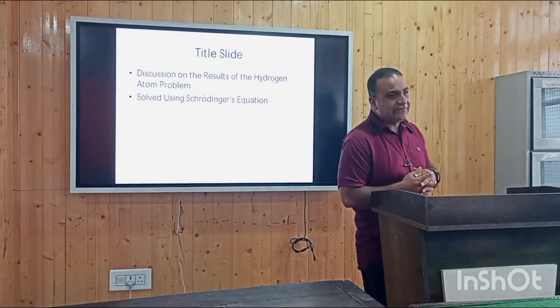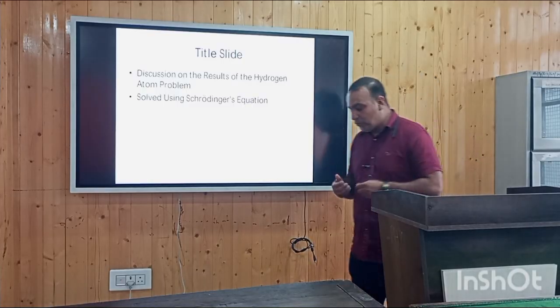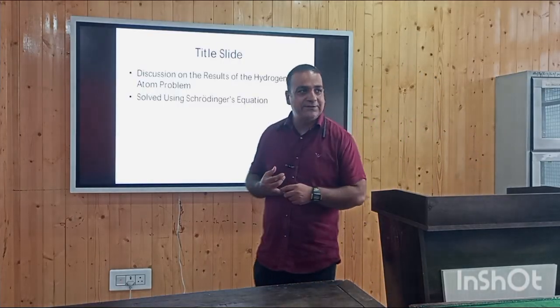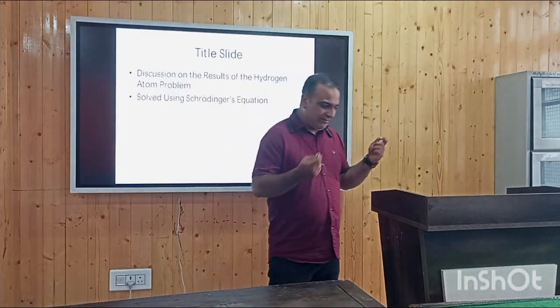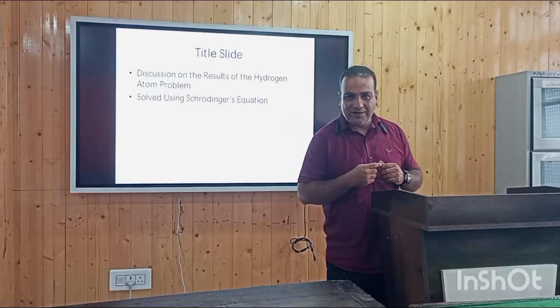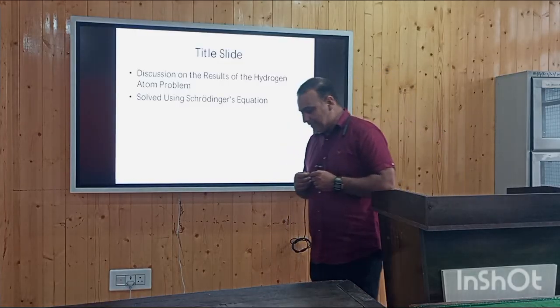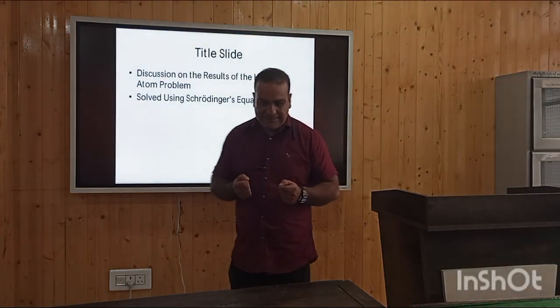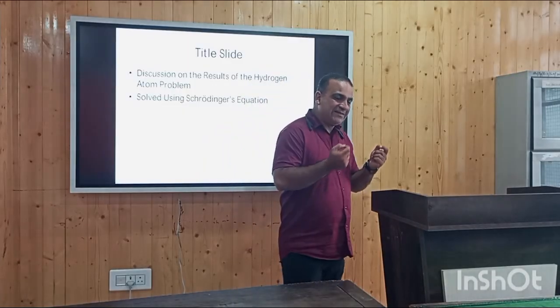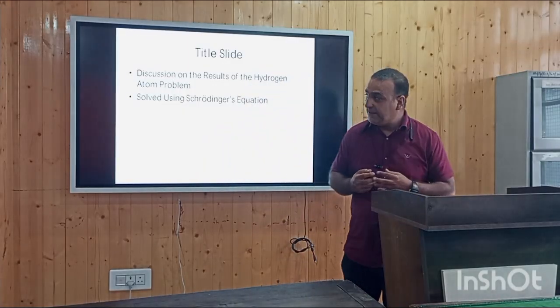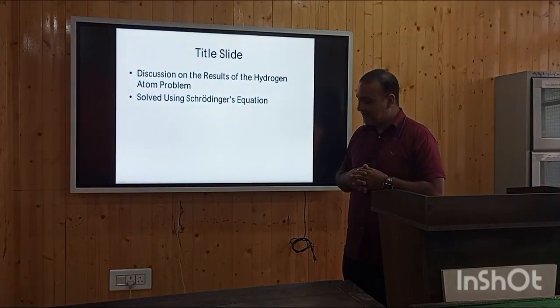As we understand, hydrogen is the simplest of all atoms. It's a simple system having one proton and one electron, and this system is a cornerstone for the field of quantum mechanics.